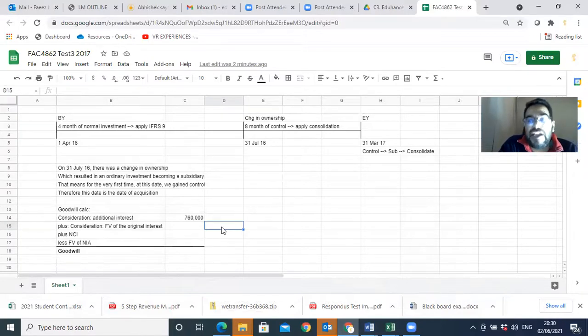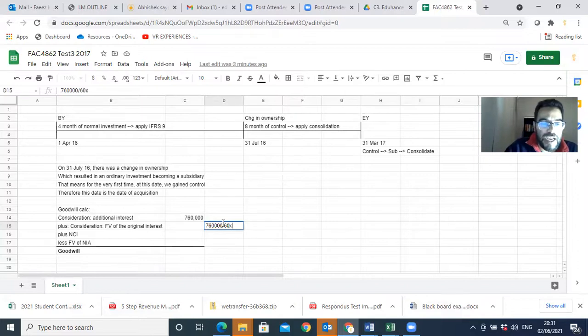Okay, well, I never read the entire scenario. Maybe they did. So another way to calculate it is they told you that this 760 is fair value representing the additional interest, which is 60%. So we can say we know that 760 divided by 60 is going to give you the fair value for every 1%.